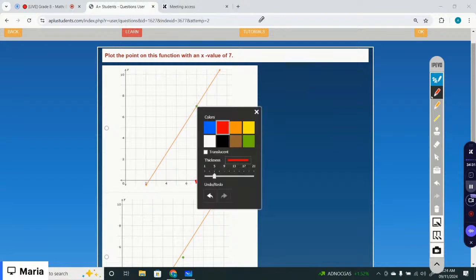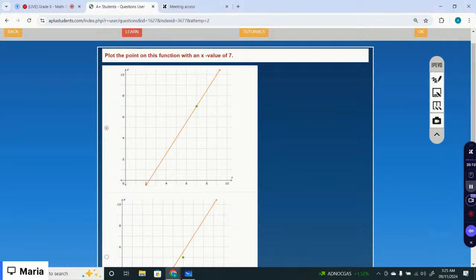So here is the point on x equals 7. Option number 1 is the correct option.